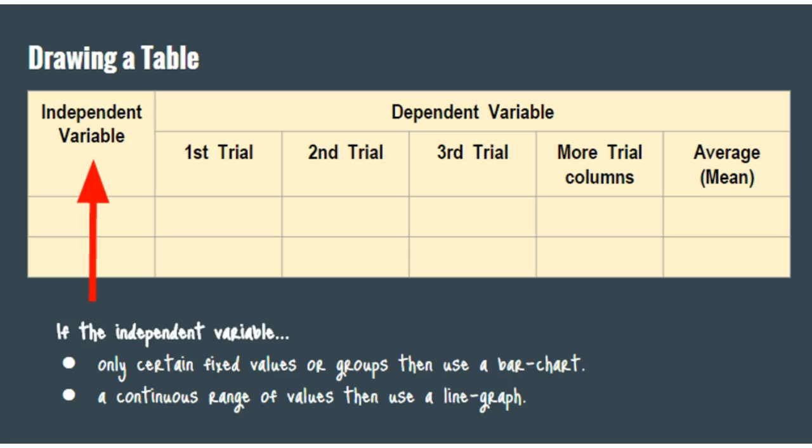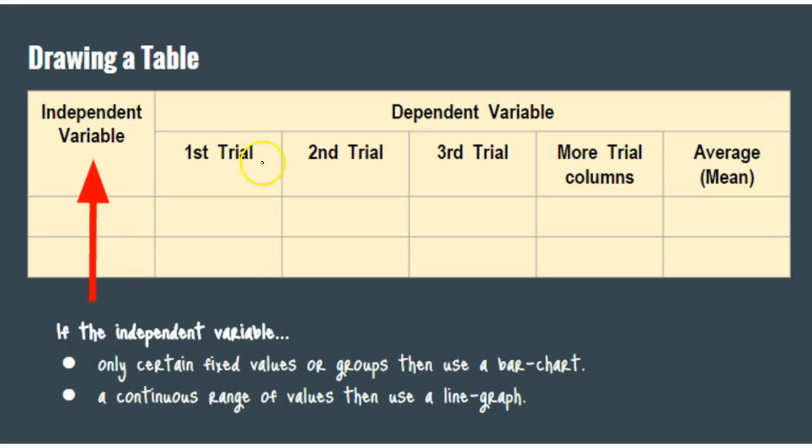So you need to go back to your experiments now and start applying this knowledge a bit. So you're actually thinking through about what you're measuring and how you're going to show it. It actually helps the experiment to make a little bit more sense to you when you go through this process. You're going to need an independent variable column with multiple independent variables because you're comparing different changes to that variable.